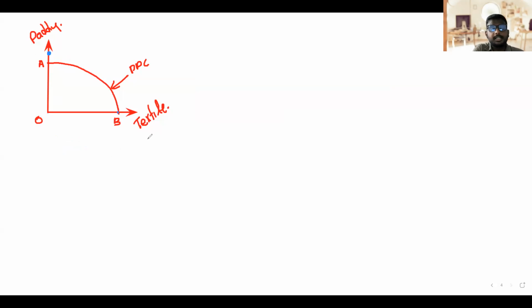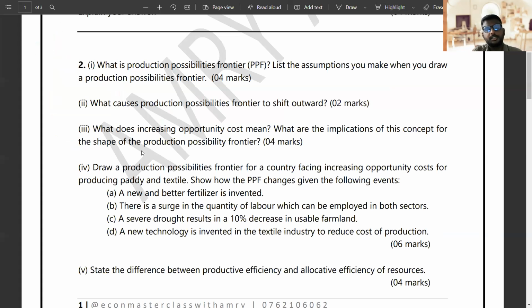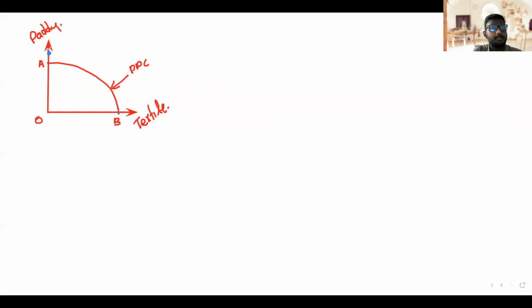Here, since the labor that is coming in is an increase, right? There's a surge in the quantity of labor which can be employed in both sectors. There's a sudden increase in how much labor we have. That means both will improve equally, kind of. So what you have to do is parallelly shift the PPC curve out.